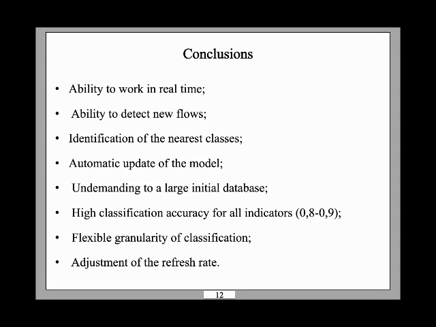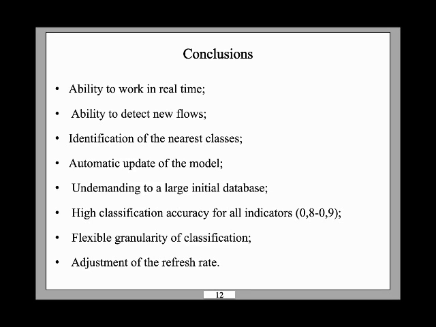Second, the ability to detect new flows that are unknown to the model using unsupervised learning algorithms. Third, identifying the nearest classes as auxiliary information for traffic engineering. In addition, the model automatically updates itself, taking into account the current situation in the network.